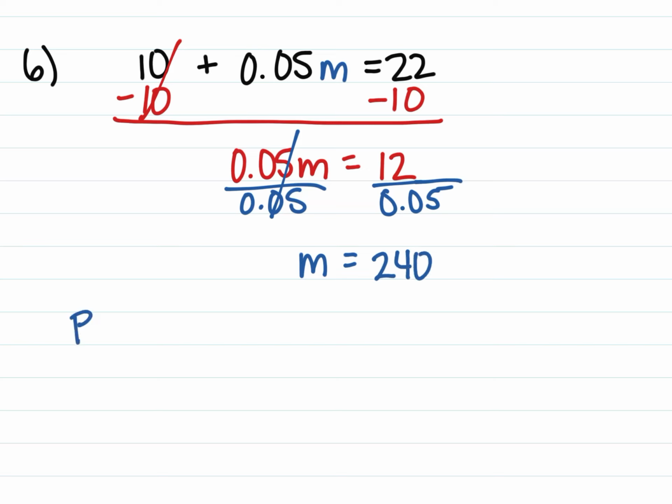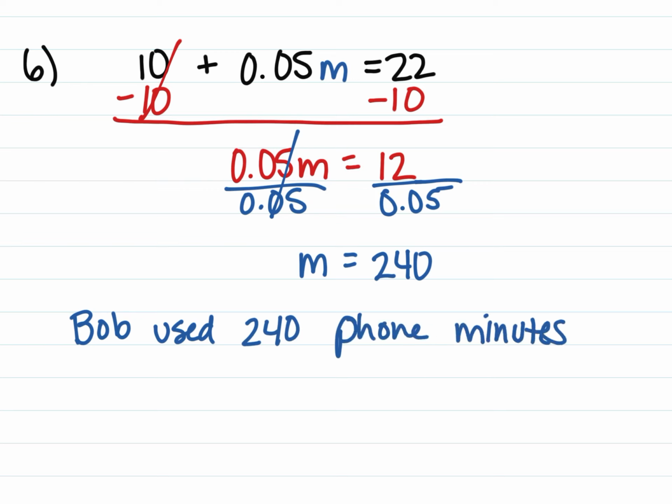When I do that division problem, I get 240. This means Bob used 240, we could call them phone minutes, in the month of July.